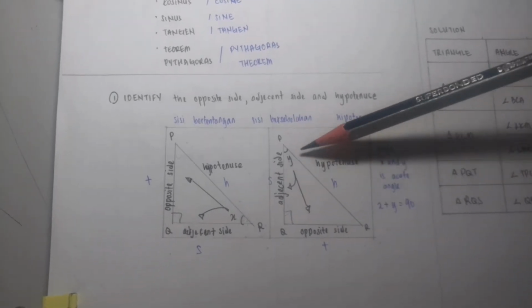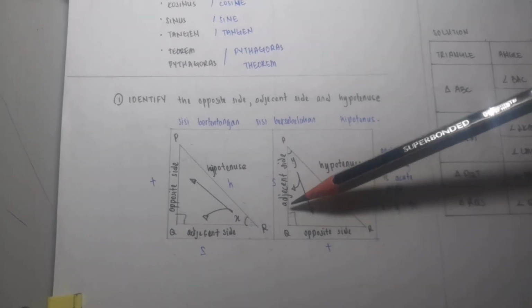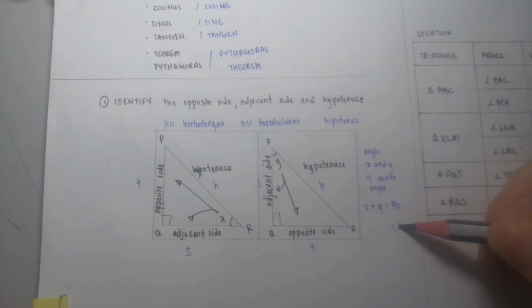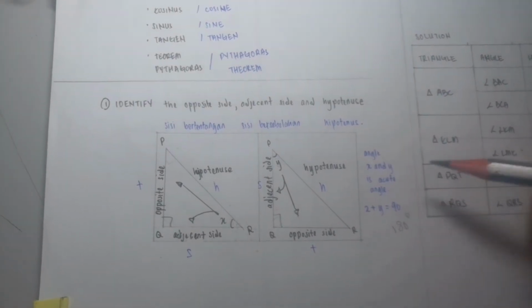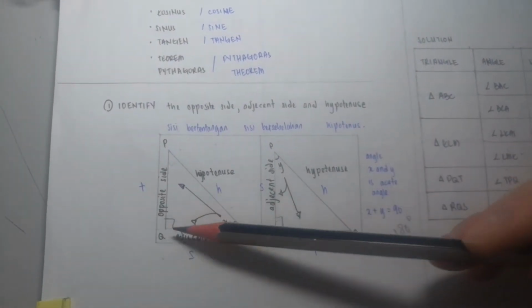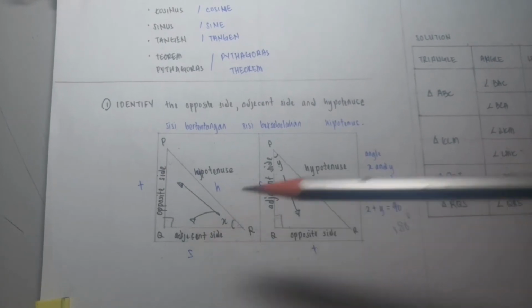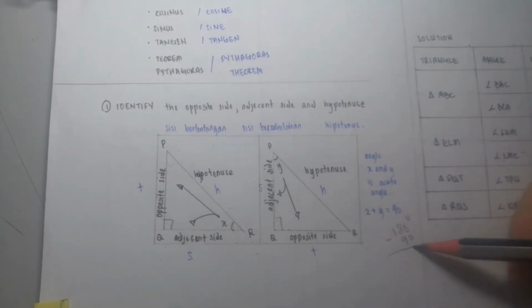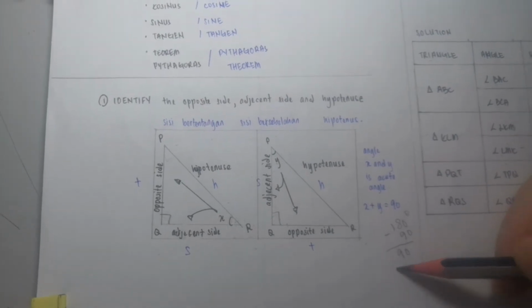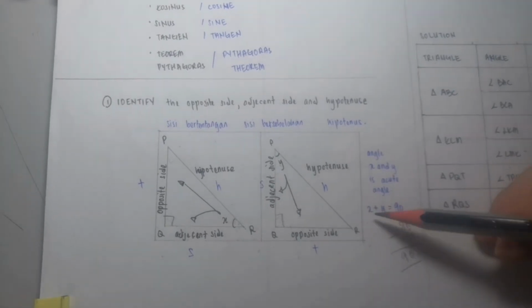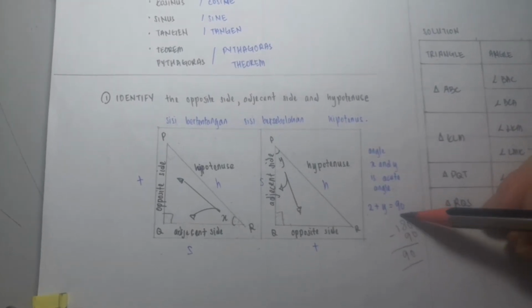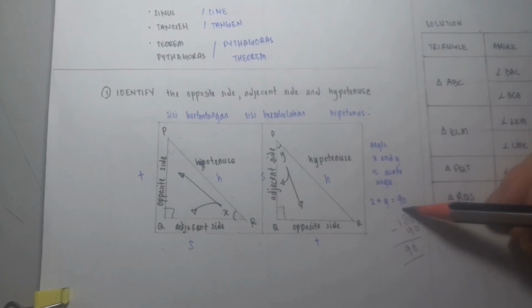Every triangle has the same inner angle sum, which is 180 degrees. When we have a right-angled triangle, we minus 90, which leaves only 90 degrees. So the sum of x and y is always 90 degrees. Do you understand?